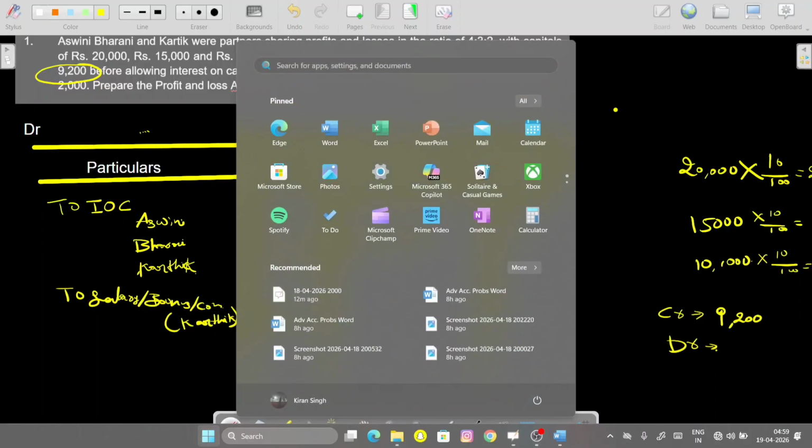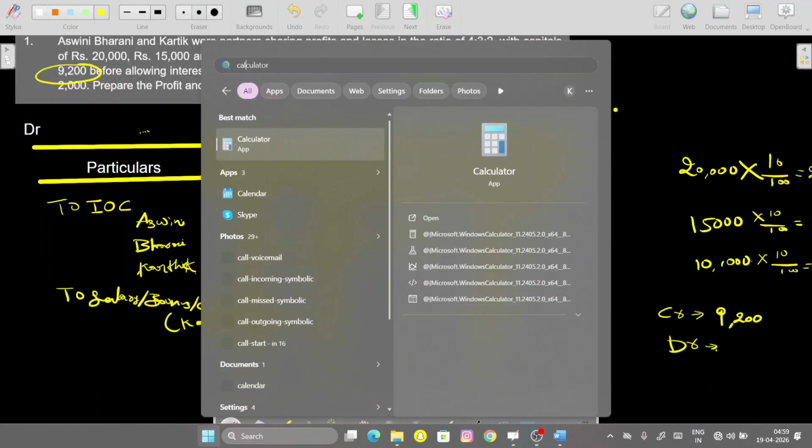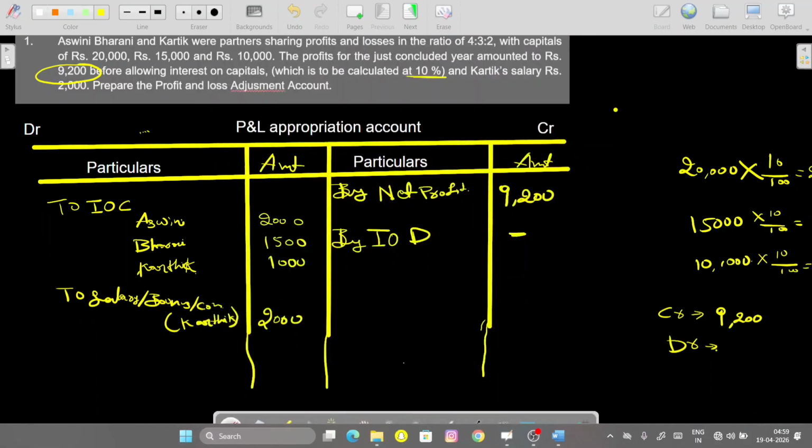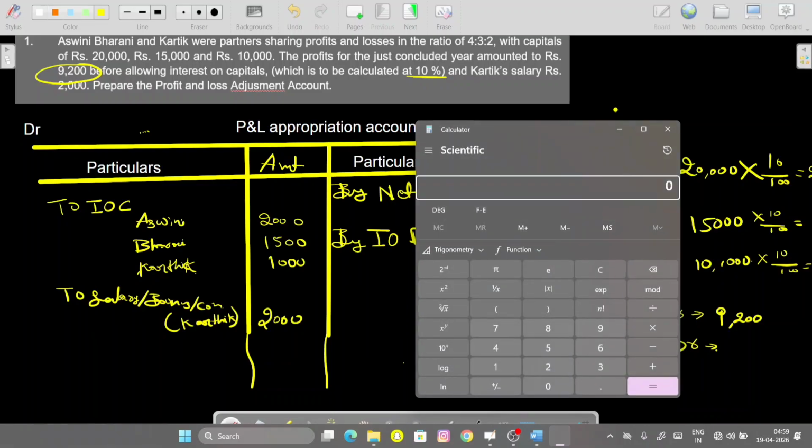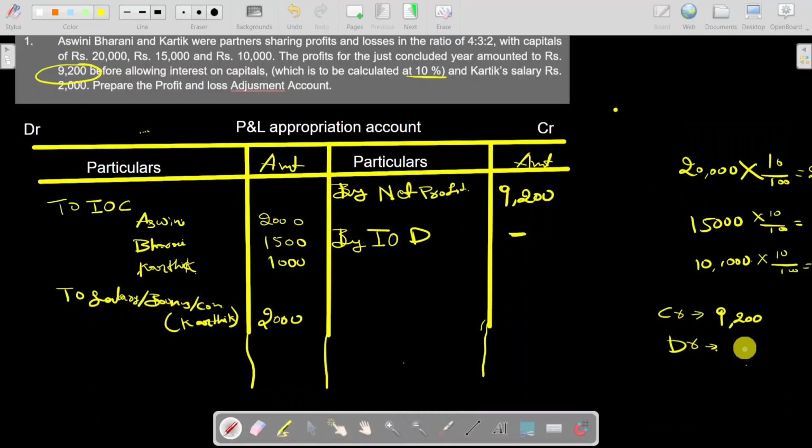So we have to calculate. 2,000, 1,500, 1,000 plus 2,000, so 6,500 we have in debit.